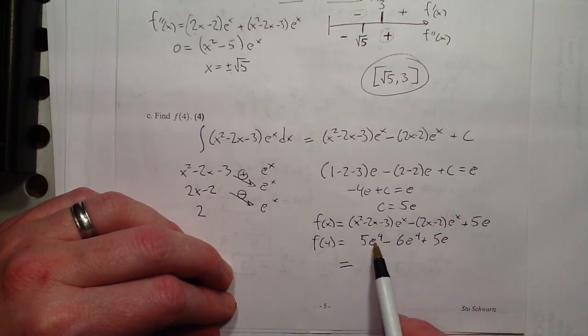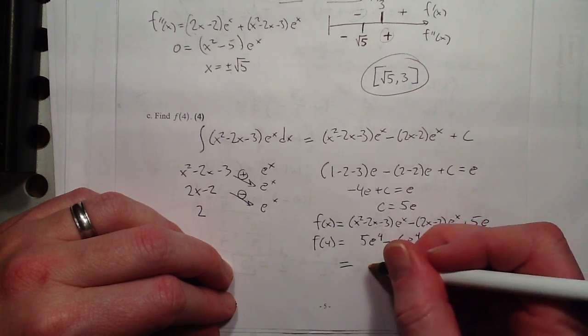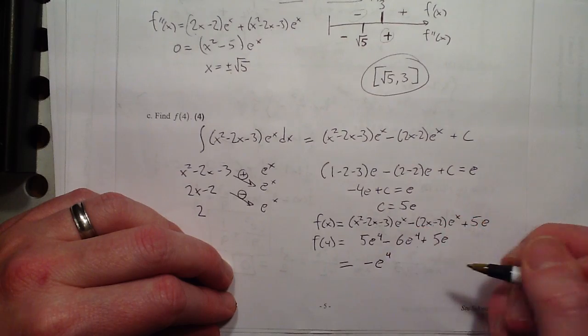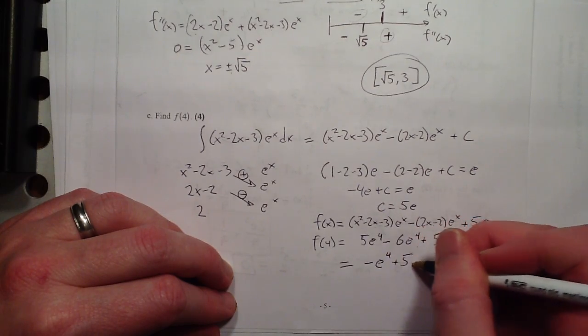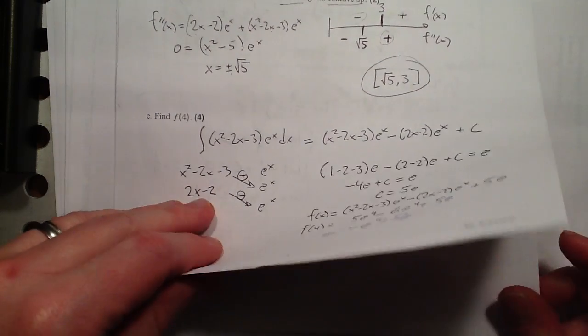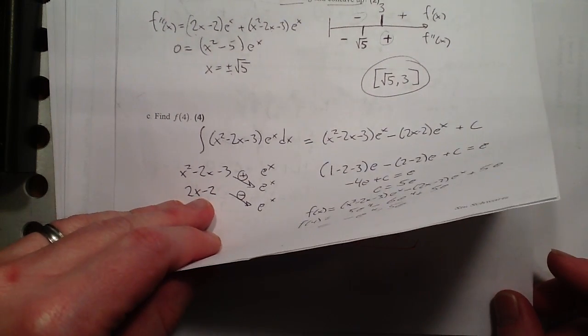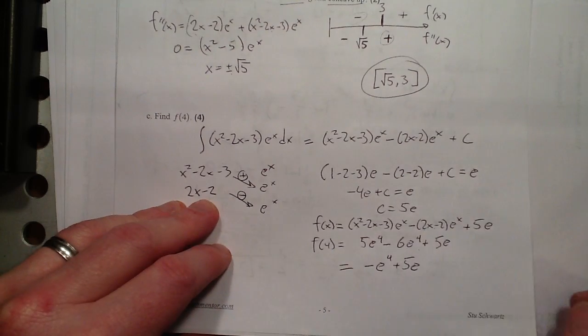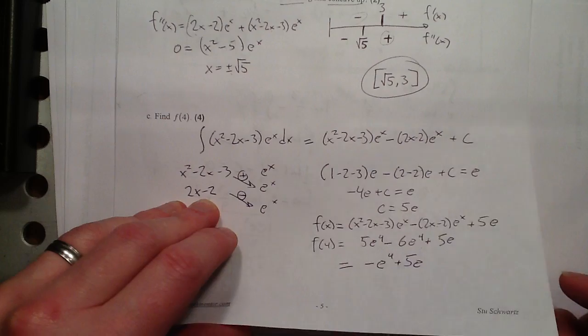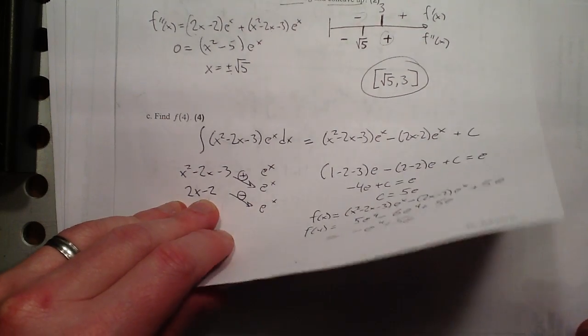And that is minus e to the 4th plus 5e. And let's check and make sure.